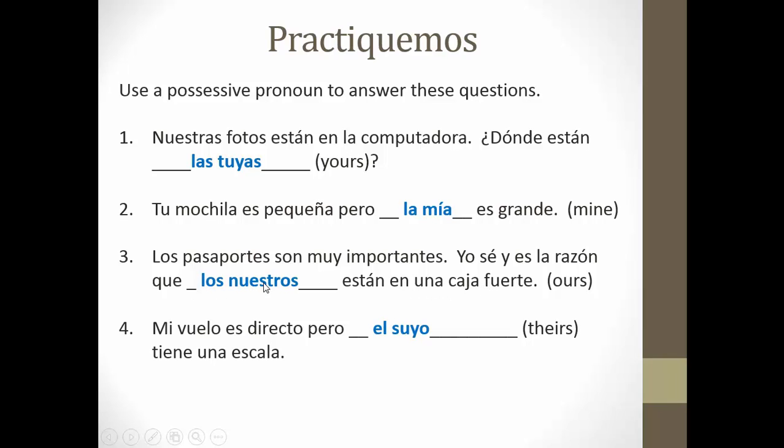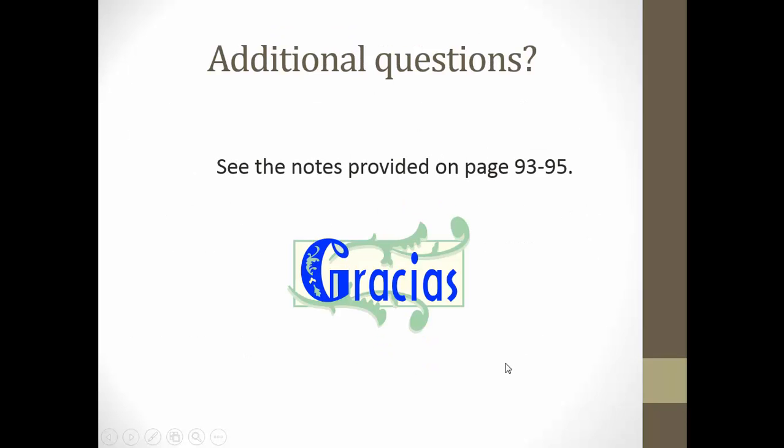Ours, los nuestros, because I'm talking about passports, and that's masculine plural. Lastly, 4, my flight is direct, but theirs has a layover, el suyo. Again, if you wanted to clarify, talking about theirs, you could have said el de ellos has a layover.